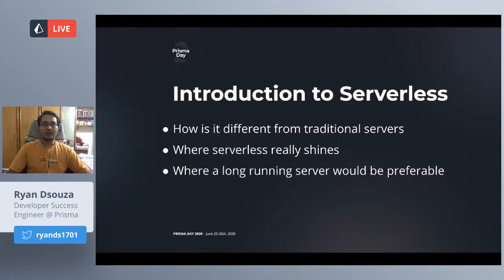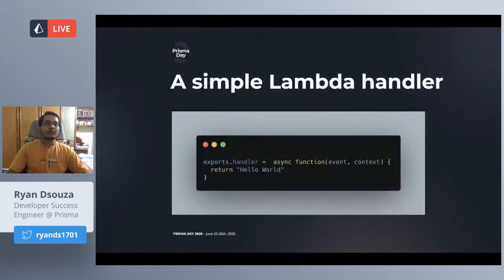With the introduction out of the way, let's move on to what is a Lambda handler. This is where we define a simple Lambda handler. The name of the function is handler itself, and it takes two parameters, event and context. It is returning a simple string, hello world. What do these two parameters do?